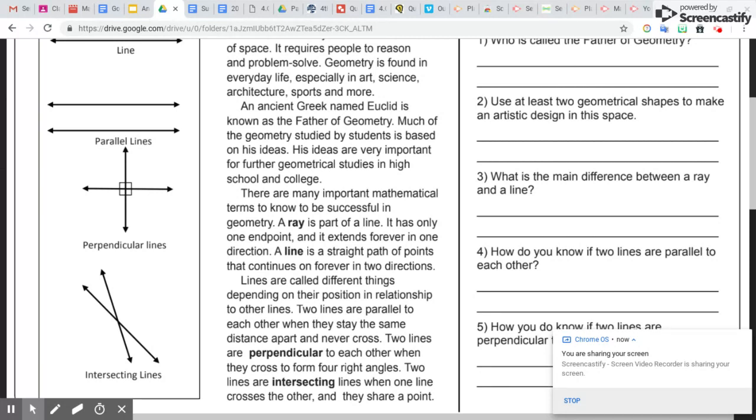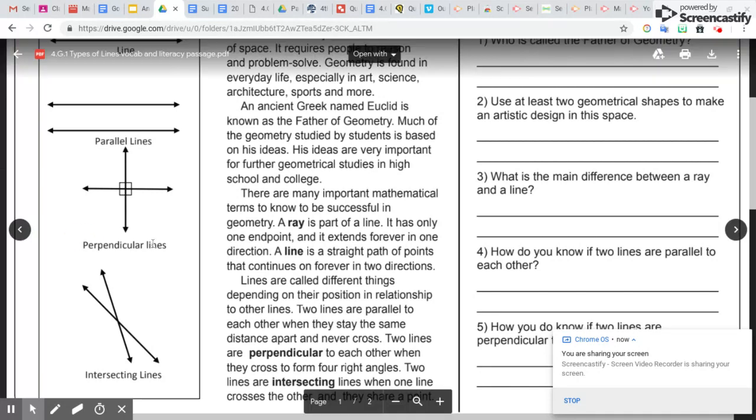Okay, cool. Let's move right along to talking about perpendicular lines. Please say perpendicular lines. It's important to know how to say it and articulate it very well, so that when we're talking about perpendicular lines, I know what you're talking about, and your classmates know what you're talking about as well.